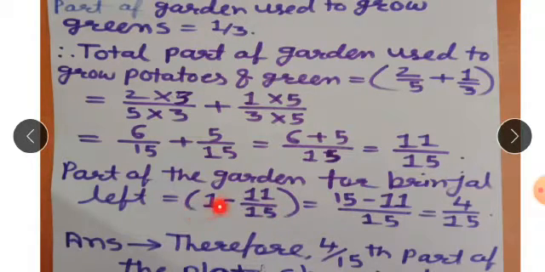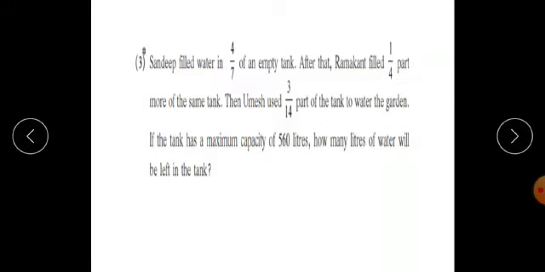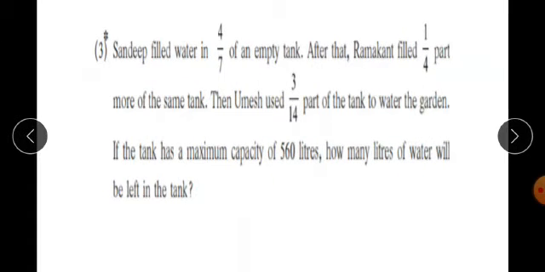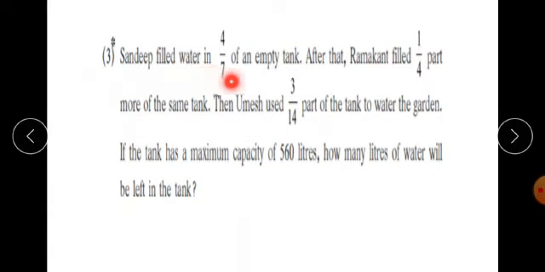Now 15 ones are 15 minus 11 upon 15 is equal to 4 upon 15, and therefore 4 upon 15th part of the plot she plants brinjals, or she uses 4 upon 15th part of the plot to plant brinjals.